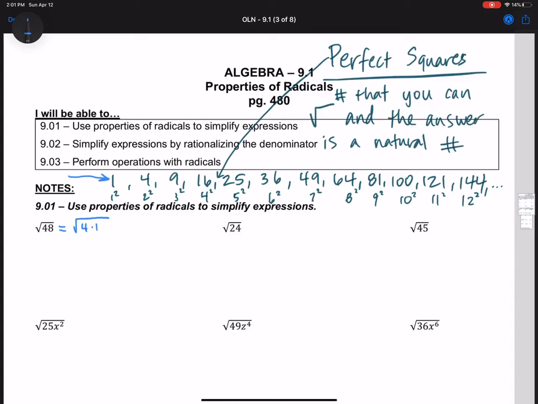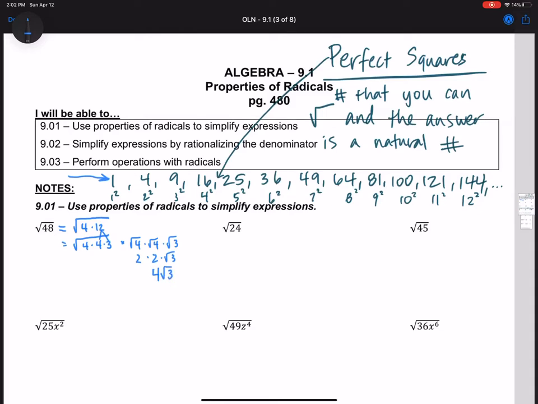4 and 12. But you guys also know that 12 is 4 times 3, because that's 12. So that would be the square root of 4 times the square root of 4 times the square root of 3. Well, that would be 2 times square root 3. So your final answer would be 4 square root 3.